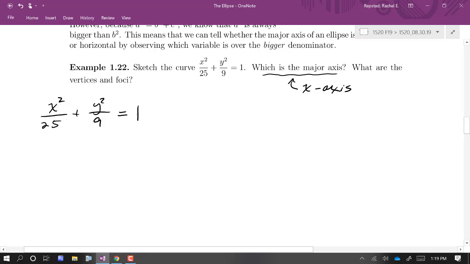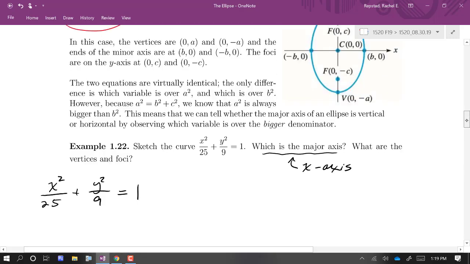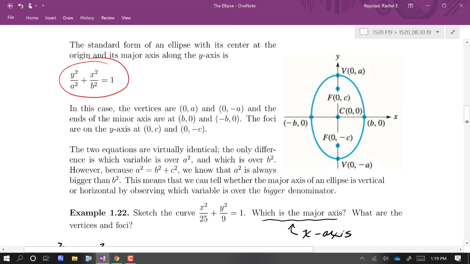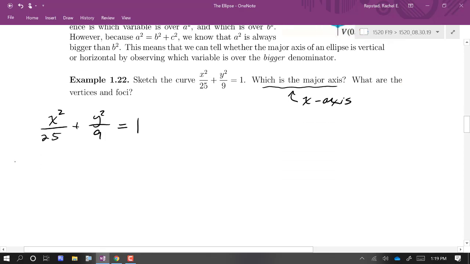Well, that's what we'll do to find the foci. Yeah, but the vertices. What value corresponds to the vertices? A. Yeah, right. So that's the value. If I know what a is, then I pretty much get the vertices almost for free. And so in this case, a squared is 25. So a is 5.